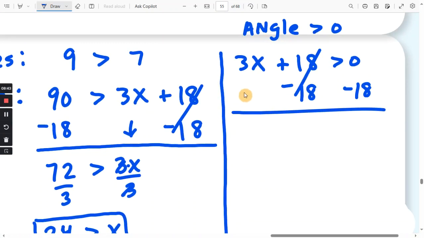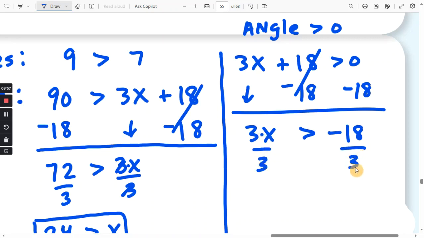Cancels here. Bring down your 3x. Bring down your inequality pointed to the right, and 0 minus 18 is negative 18. Again, the opposite of times 3 is divided by 3. And x is greater than negative 6.